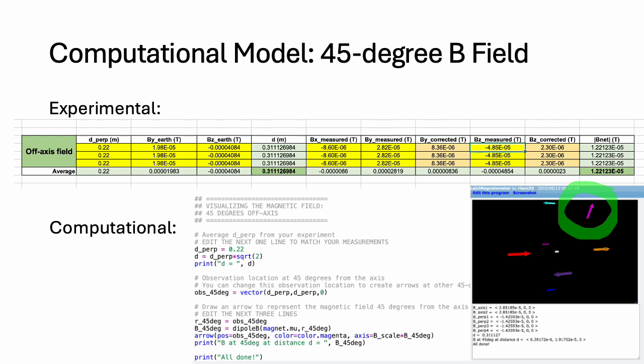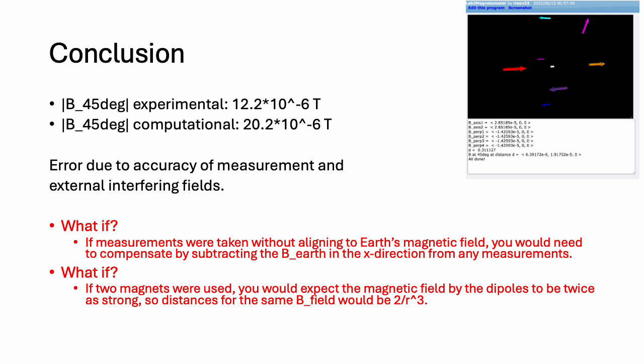Placing this into the computational model, we see that B at the 45-degree angle, given with the purple magenta arrow, is 6.3 e to the negative 6, 1.9 e to the negative 5, 0. Comparing that to what we found experimentally, the computation was about double the magnitude we should have found, but it was relatively close as it's still in the same margin of microteslas.